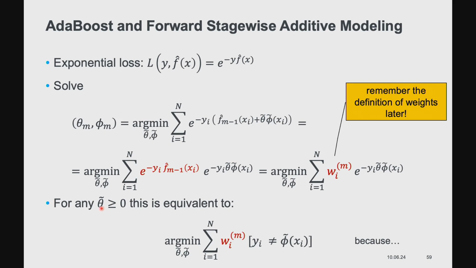So we want this weight to be larger than 0. And when we assume that this theta is larger than 0, this whole term is the same as this weight times the indicator that yi is different than our prediction function phi tilde.